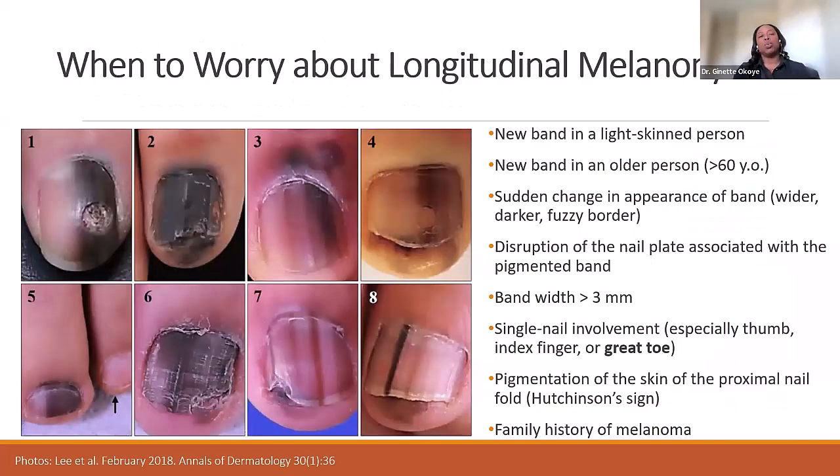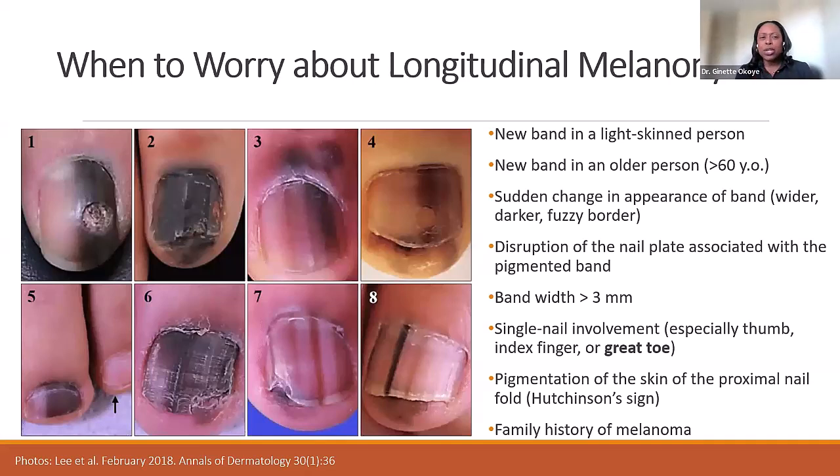So when should you worry when you see someone with dark lines on their nail? If there's someone with really light skin, so a Caucasian person or a very light skinned person from any ethnicity, right? So they don't have a lot of what we call constitutive pigment. They don't have a lot of pigment in general.